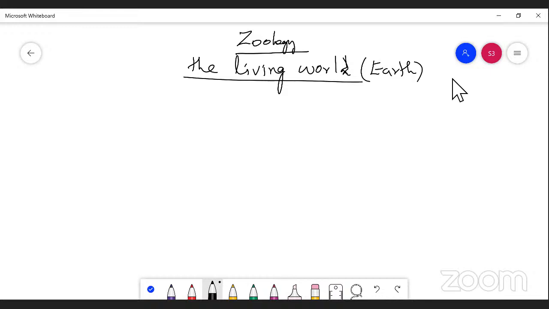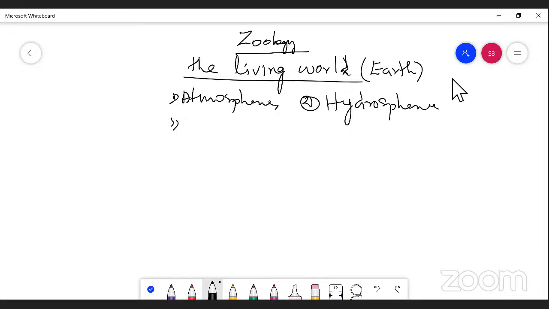The earth surface is divided into four parts: one is the atmosphere, second is the hydrosphere, third is the lithosphere, and fourth is the biosphere.